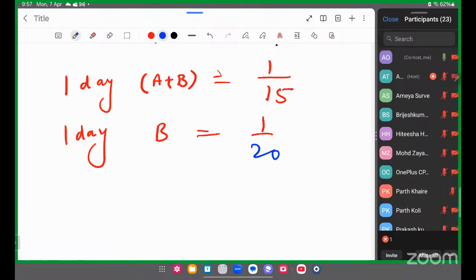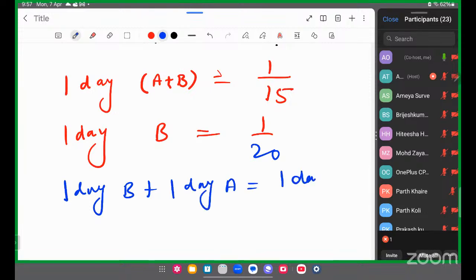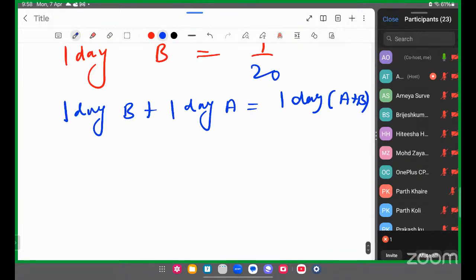So now you can say that 1 day work of B plus 1 day work of A is equal to 1 day work of A plus B. Am I right? 1 day work of A plus B is 1 day work of A and 1 day work of B. And here we have 1 day work of B as 1 by 20, plus 1 day work of A, let me write it as A, is equal to 1 by 15.